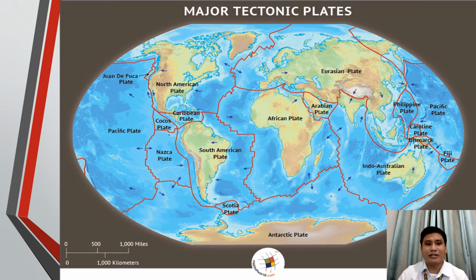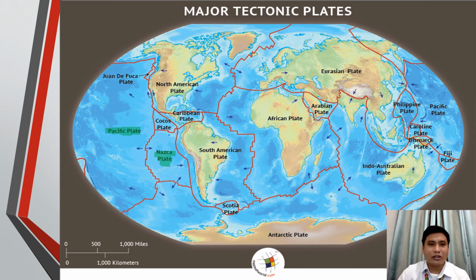So let us have an example. Let's take the case of Pacific plate. So this one is the Pacific plate, and the Nazca plate. This one is the Nazca plate.